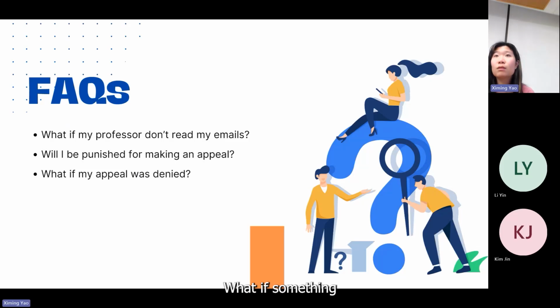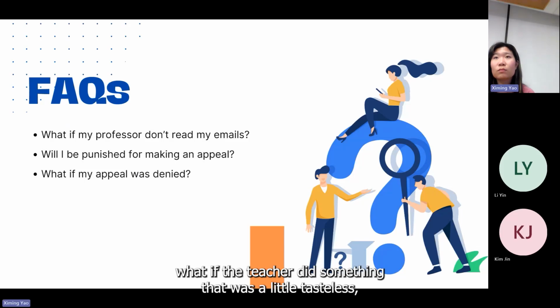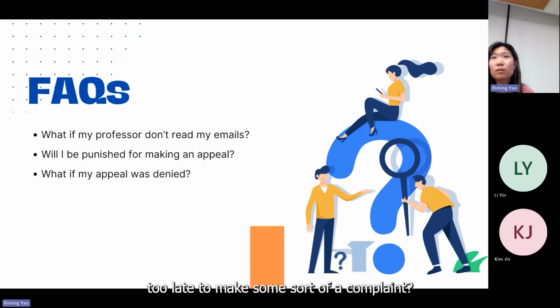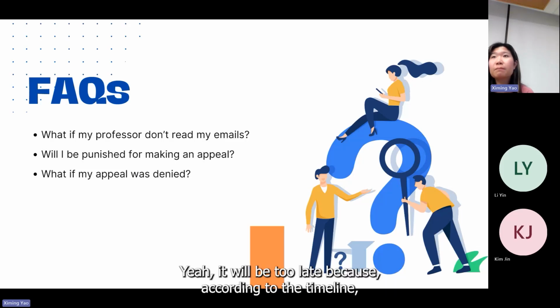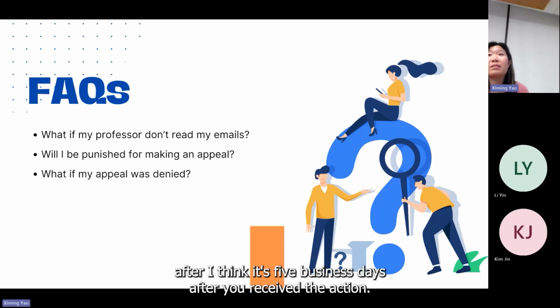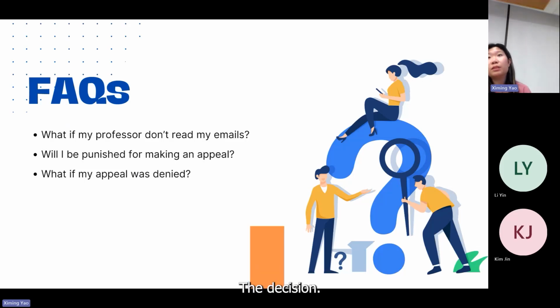What if something, not necessarily mark-wise, but what if the teacher did something a little tasteless, but that was a year ago, or last semester? Is it too late to make a complaint? Yes, it will be too late, because according to the timeline, you need to respond to academic decisions within 5 business days after you receive the academic decision.